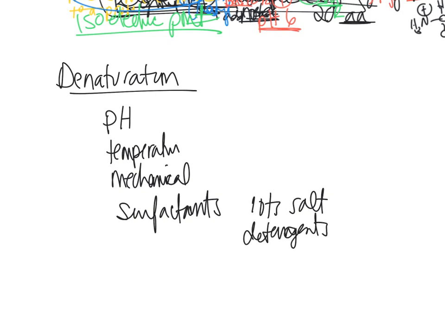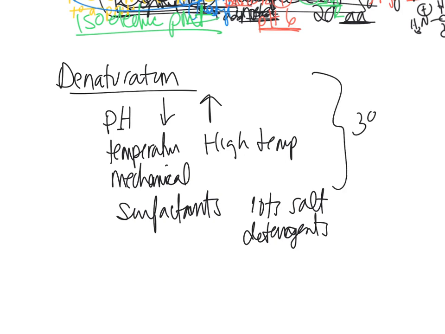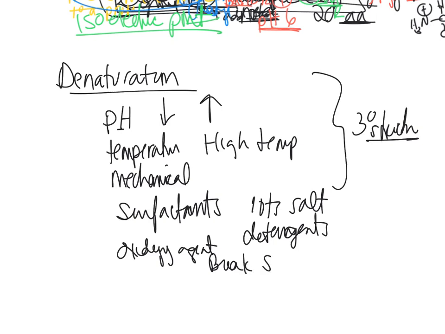And what these do, so if you decrease the pH or you have high pH or you have high temperatures, then you can break up the tertiary structure. In tertiary structure, we've talked about that. Oxidizing agents as well. They will break up your disulfide linkage.